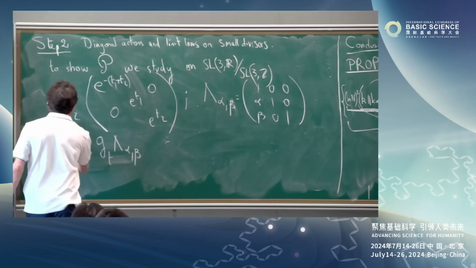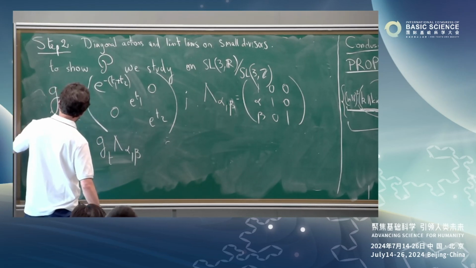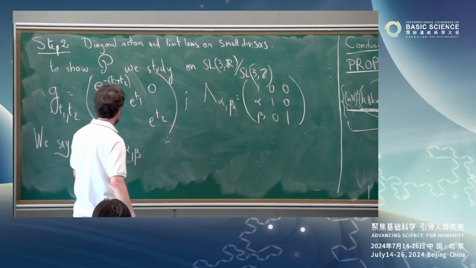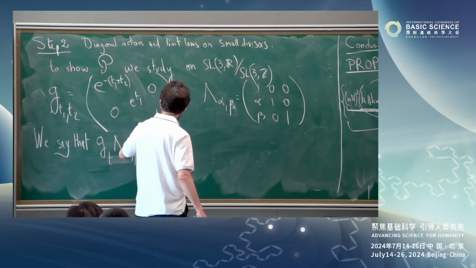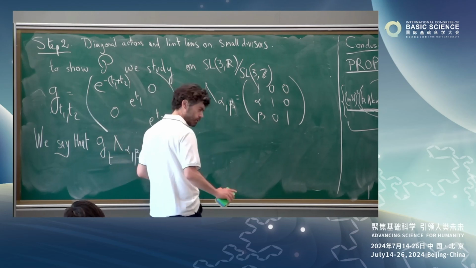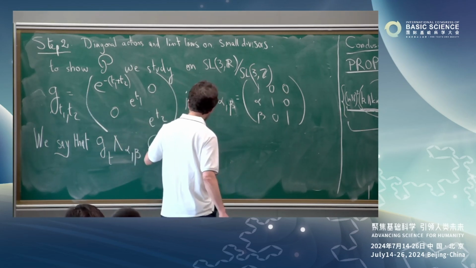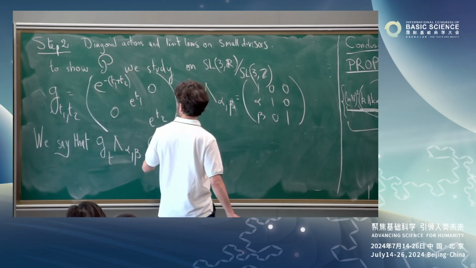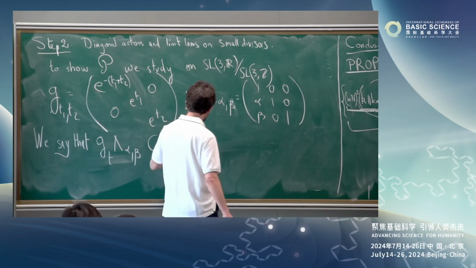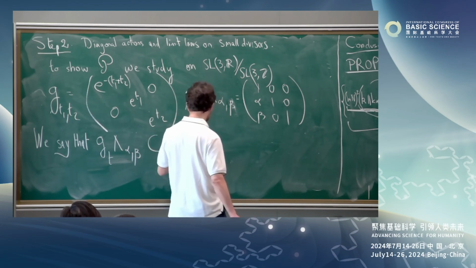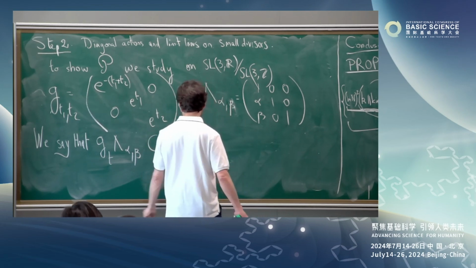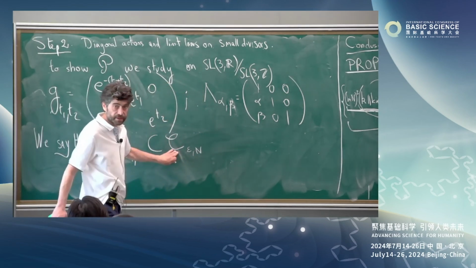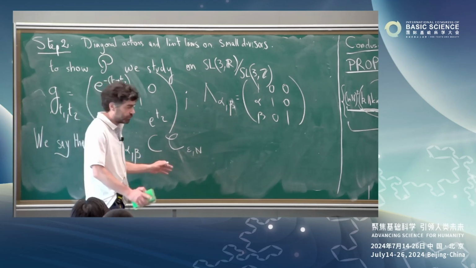Like we say that g_t alpha beta is in, say, the cusp C epsilon n. I'm going to define it exactly. That's just a notation.